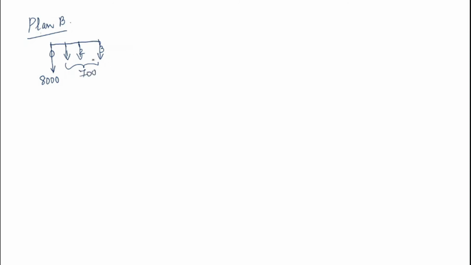So let us compute the present worth of this. Present worth of this will be 8,000 plus, let me write down the formula first, A times (1 plus i) to the power n minus 1 upon i times (1 plus i) to the power n.